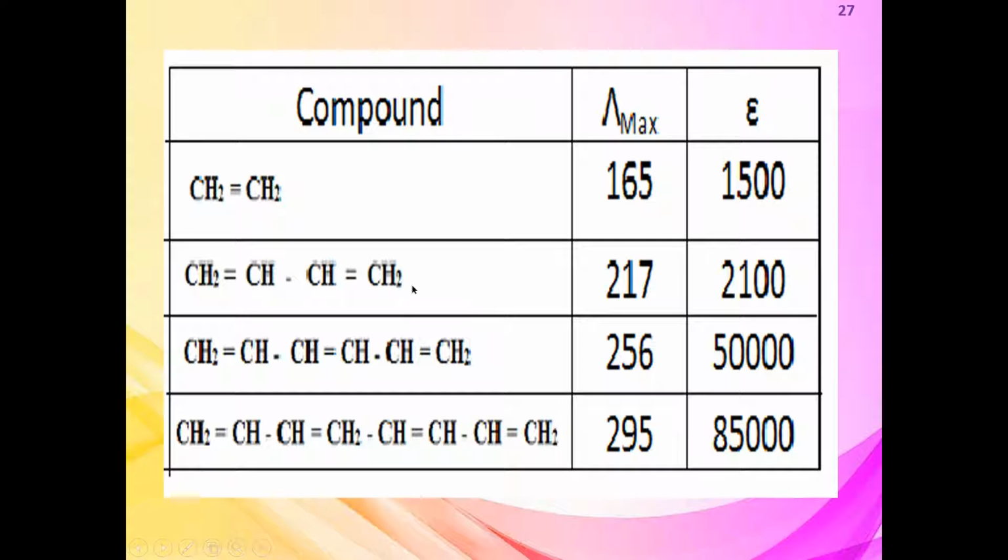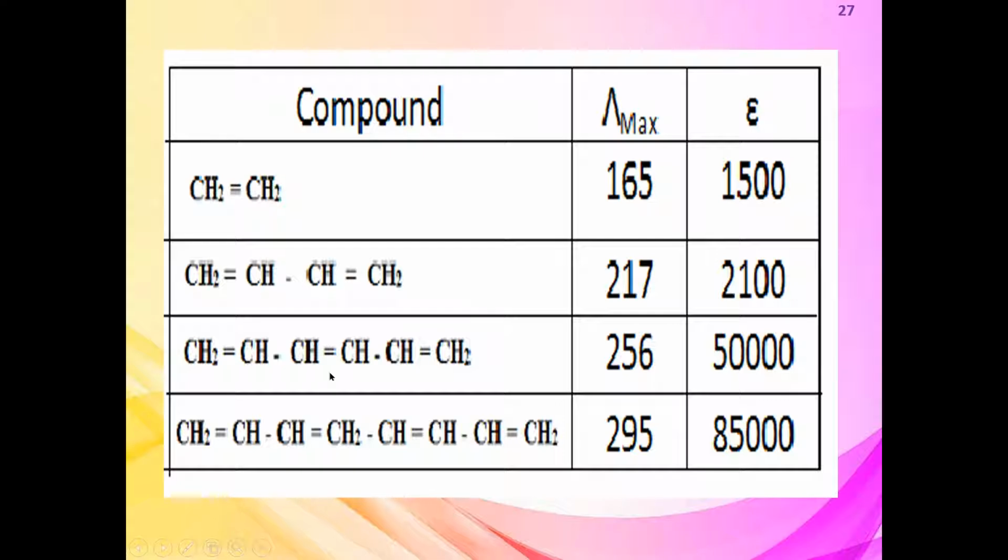In 1,3-butadiene, we have two double bonds at conjugated positions, and these pi electrons will absorb at 217 nanometers. See the epsilon value, it has increased, meaning the peak height will increase, and there is a shift in the lambda max value towards higher wavelength.